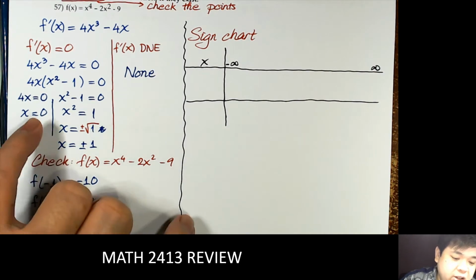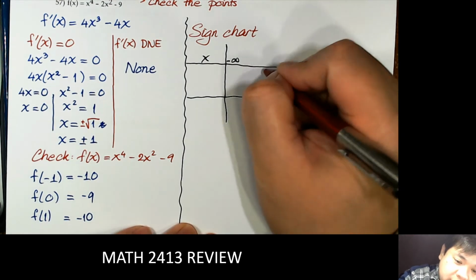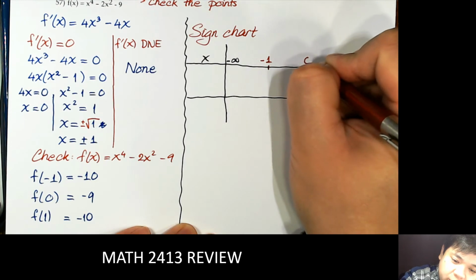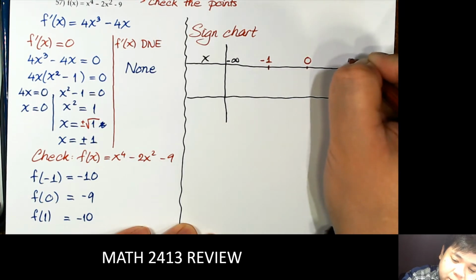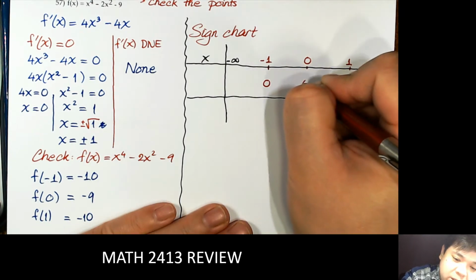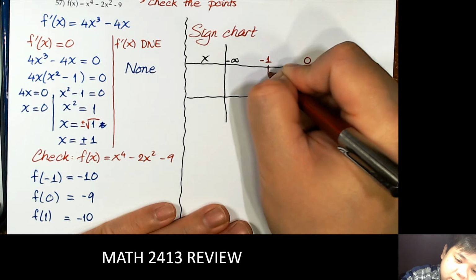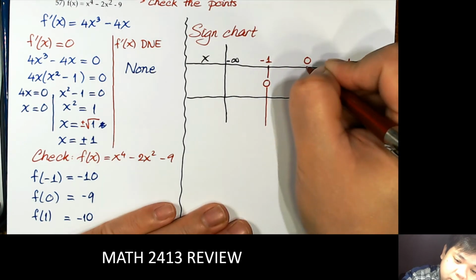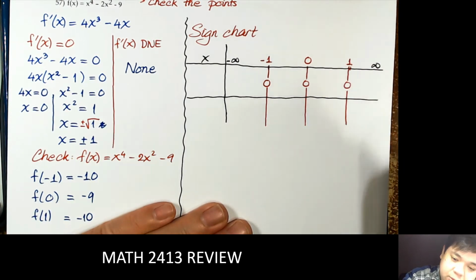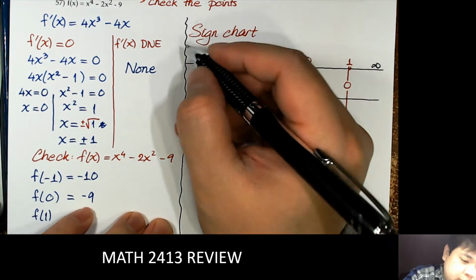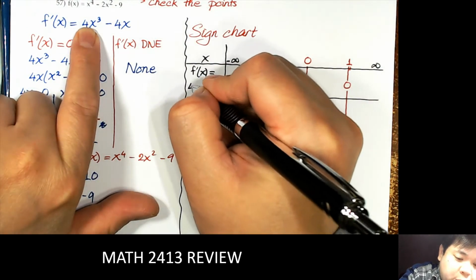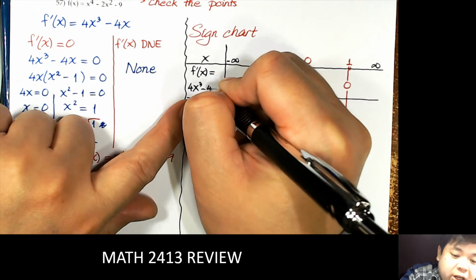The points we have 0, 1, and negative 1. I just need to put them in the right order: negative 1, 0, and 1. This is where the derivative equal to 0. We have the derivative here, 4x cubed minus 4x. So the sign chart is the derivative.